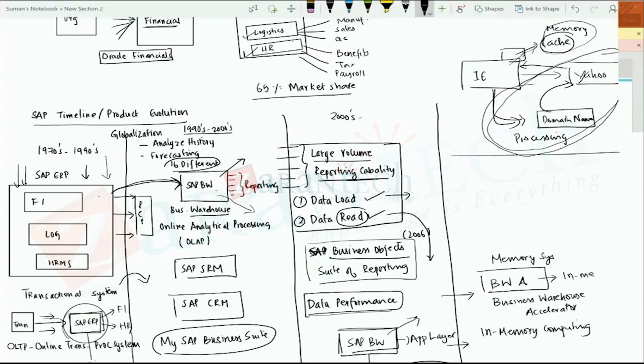The information stored in your BW system is copied over into memory. So the next time a query runs, it will not hit the BW system directly. Because the same information is stored in memory, it goes directly to memory and pulls the information, so the information comes out extremely fast. When SAP started working on this in-memory computing functionality, they saw significant potential for it, and that is how they started moving on to their new platform called SAP HANA.